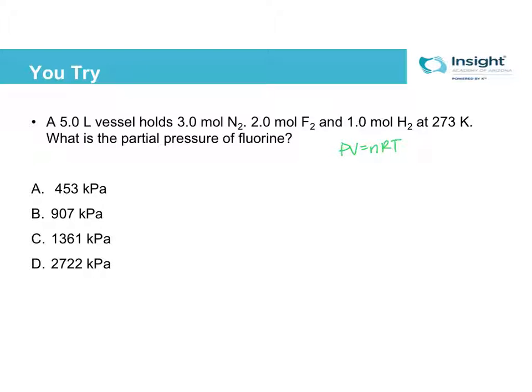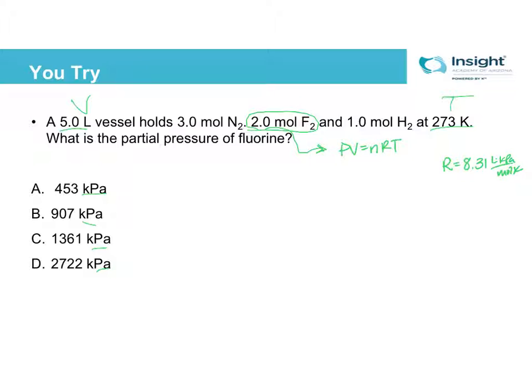In order to figure out the partial pressure of fluorine, since we know the moles of fluorine, all we have to do is plug that in with these other values, our temperature and our volume, and then R is going to be the 8.31 value, because that is the liter kPa per mole Kelvin version, and all of our choices here are in kPa.